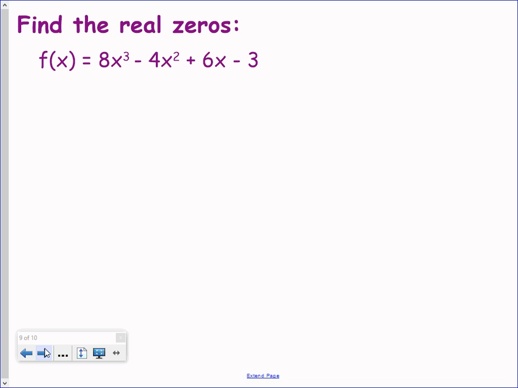Okay, so if I was starting this problem and it just said find the real zeros, I would, of course, start with my rational zero test, finding my P over Q list. So I look for factors of my constant, 1 and 3, and then I look at factors of my leading coefficient, 1, 2, 4, and 8. And I make this list of possible rational zeros.